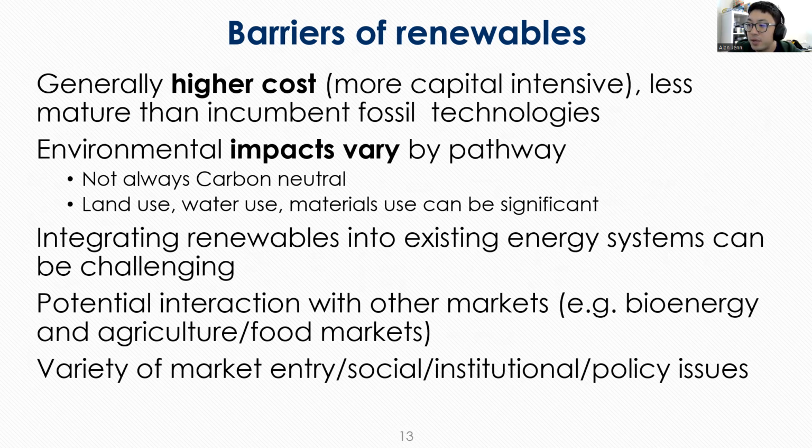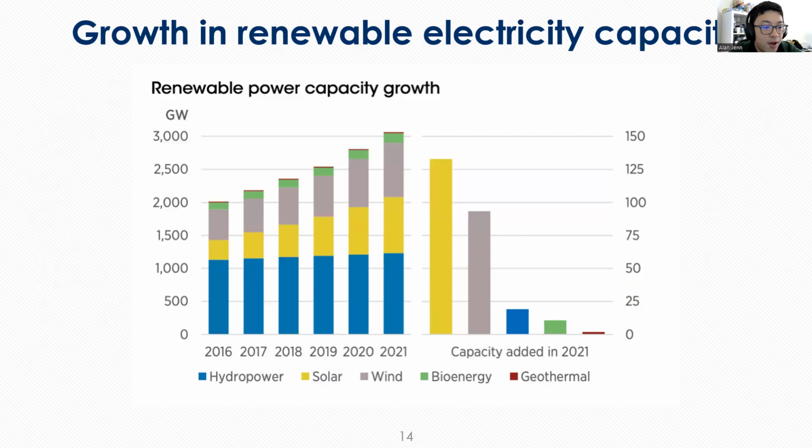So just to give folks a sense, this is, I'm trying to think here. This is in the US, I believe, not worldwide. That's gigawatts. Yeah, I would say this is for the US.